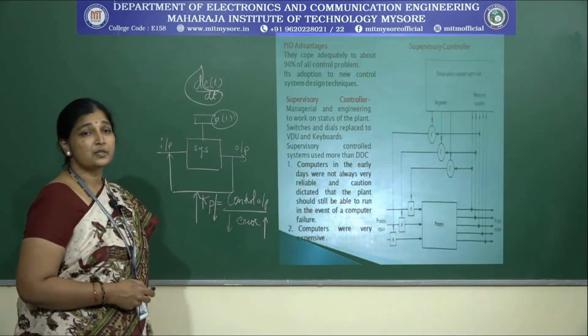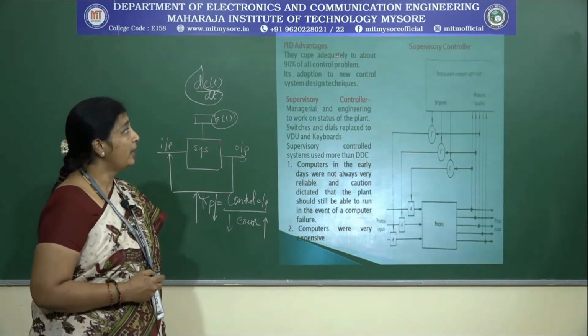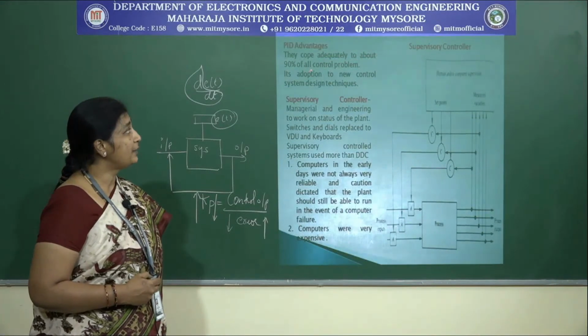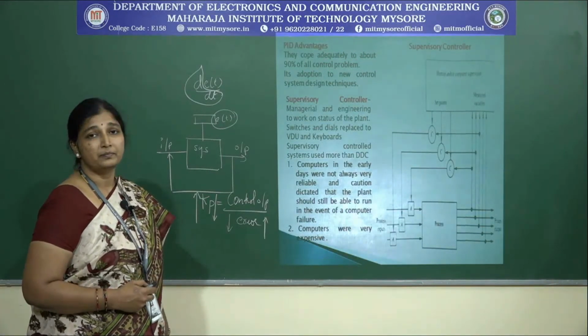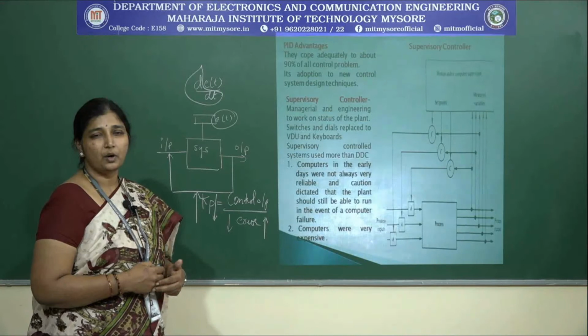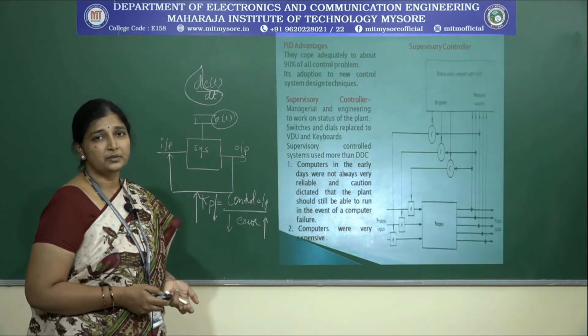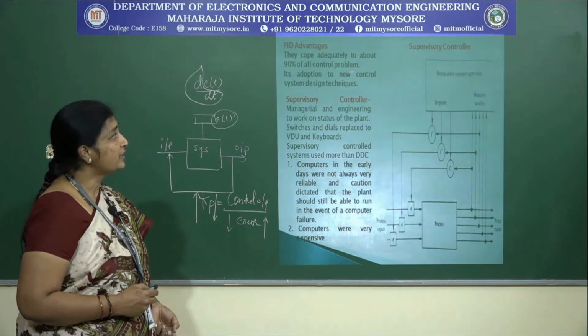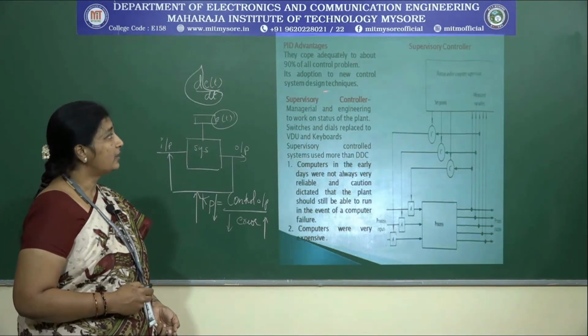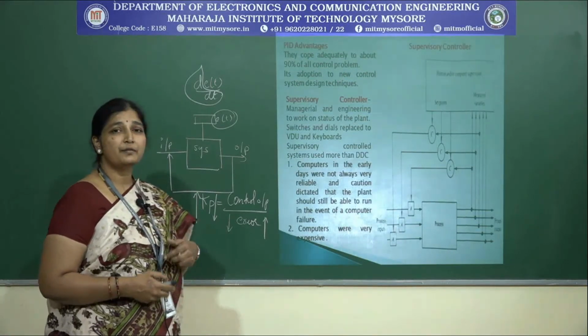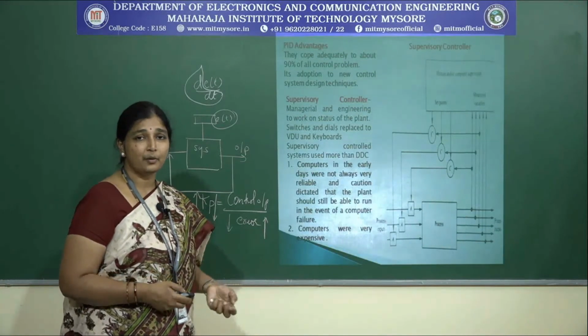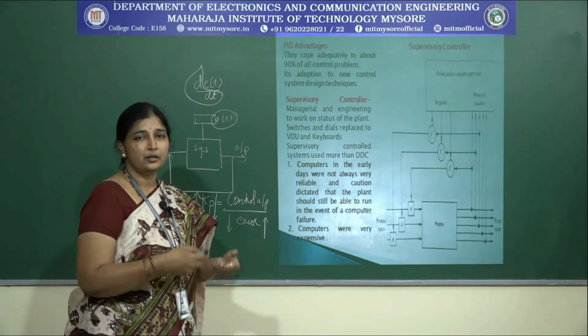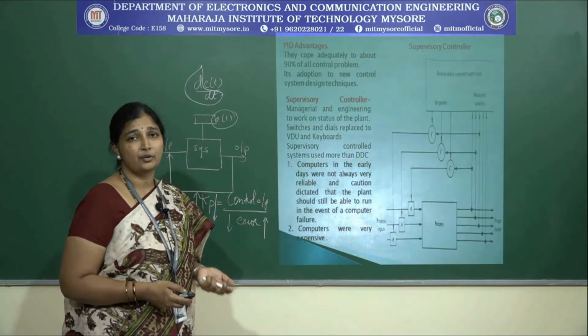The advantage of PID is that it copes adequately with about 90% of all control problems. So it copes with control problems related to a plant. It can adapt itself to any new plant or design technique that you are going to use.